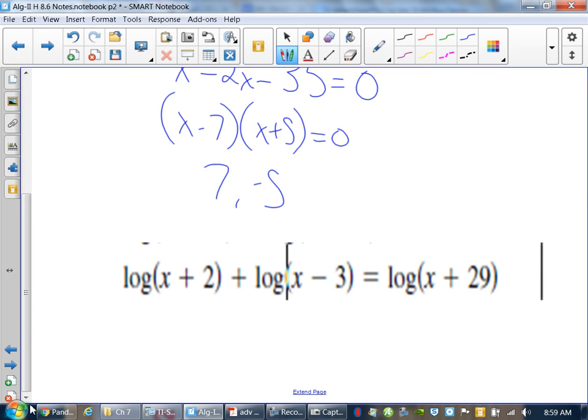Will my negative 5 work? Doesn't work for all of them. I can use negative 5 for the x plus 29. So remember, sometimes the negative might work, sometimes it might not. In this case, we know it's not gonna happen. So then we have 9 times 6, what? No. 9 times 6 is 54, right? No, 9 times 4, 36.